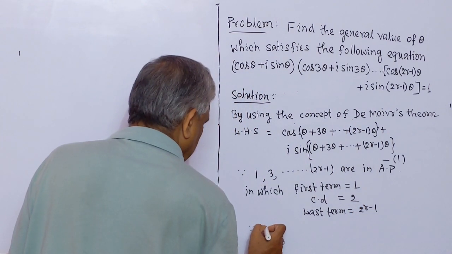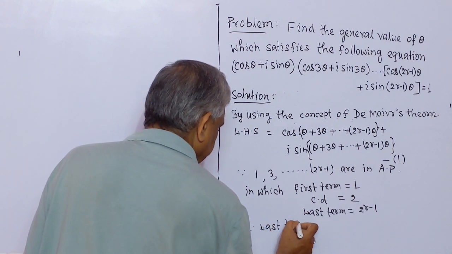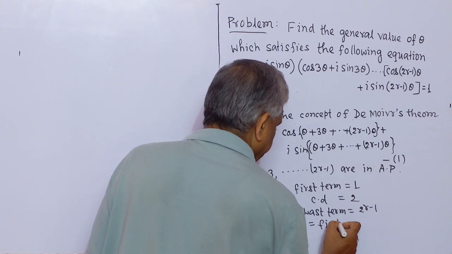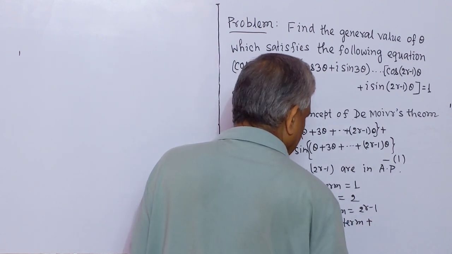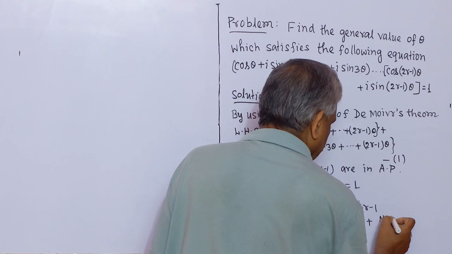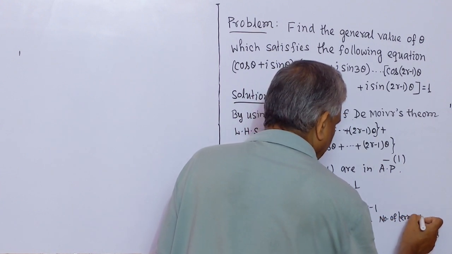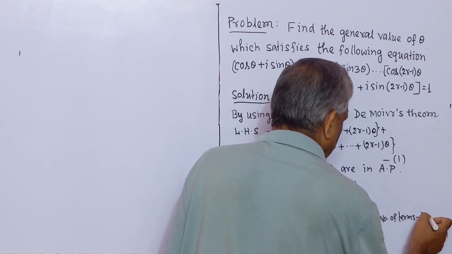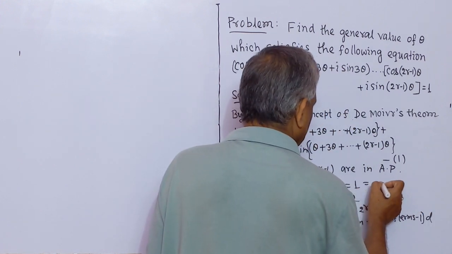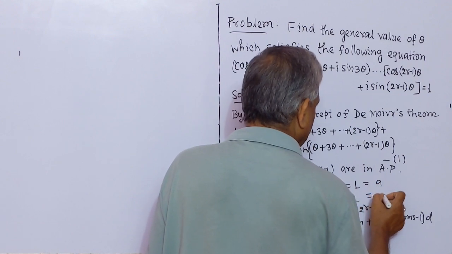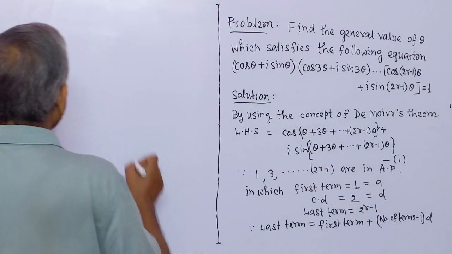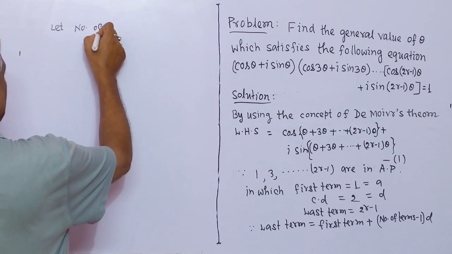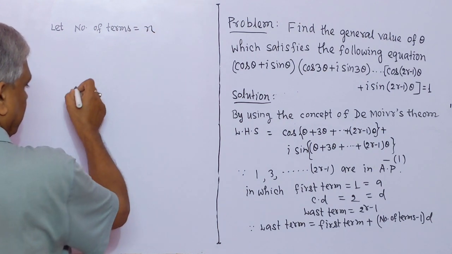Since we know that last term equal to first term plus (number of terms minus 1) into common difference D. Let first term equal to A, common difference is D. Let number of terms equal to n.